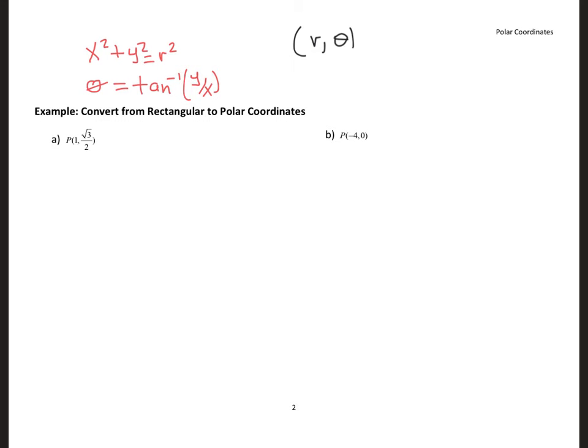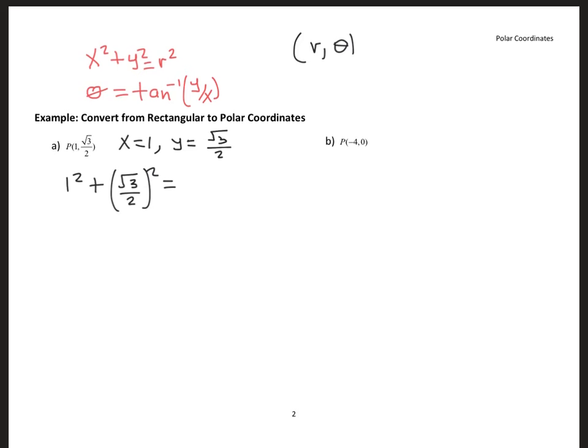So let's look at the first one. So we are given x is 1 and y is square root of 3 over 2. So let's find r squared. So we're going to do 1 squared plus square root of 3 over 2 squared is going to be r squared.